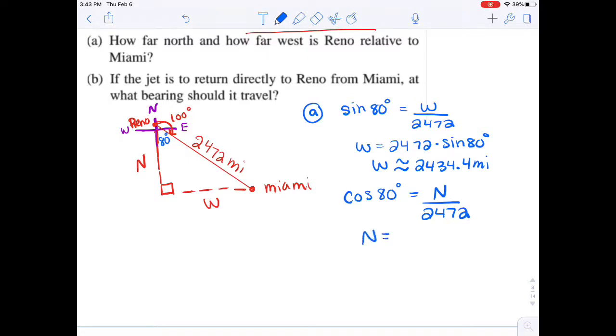So north would equal 2,472 times cosine of 80 degrees. If you put that in your calculator, you will get approximately 429.6 miles.